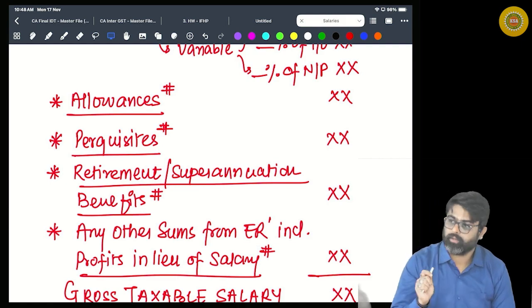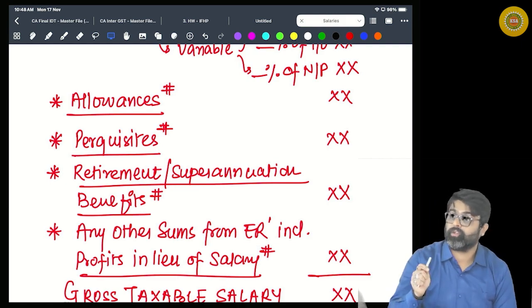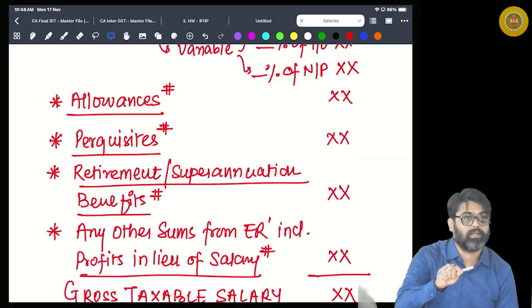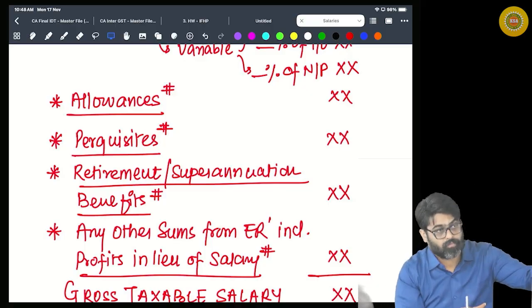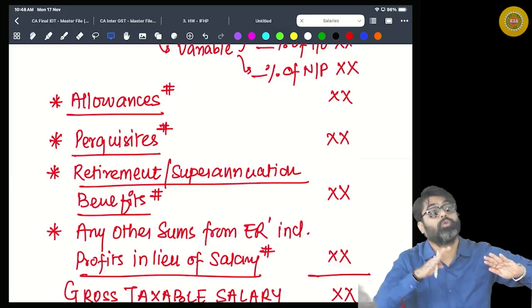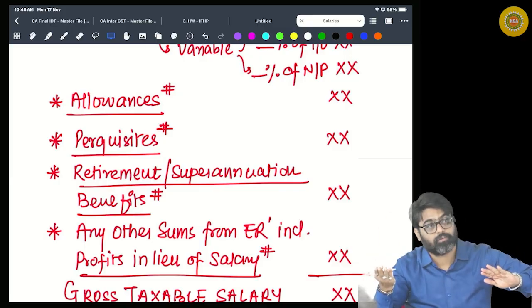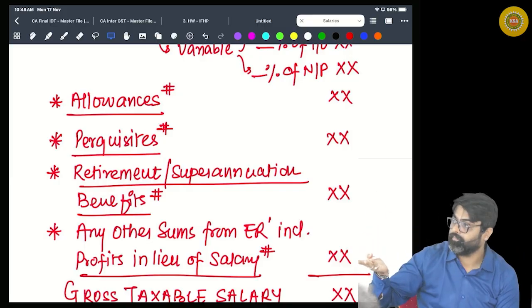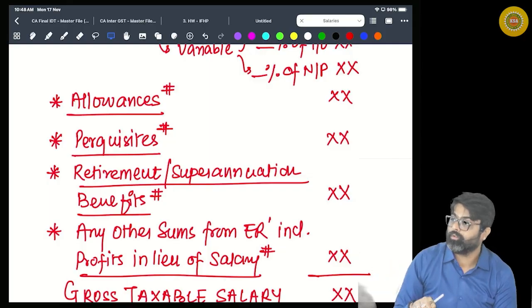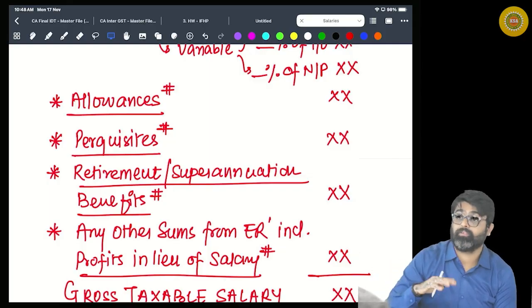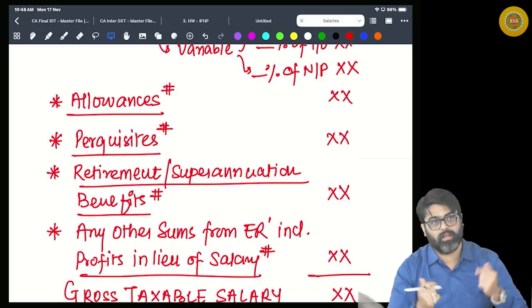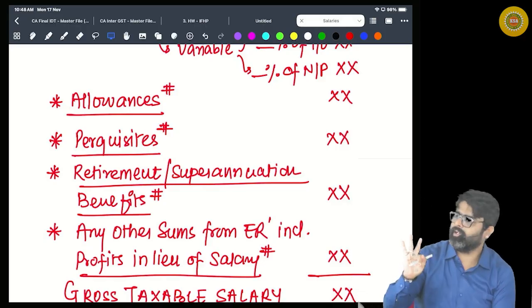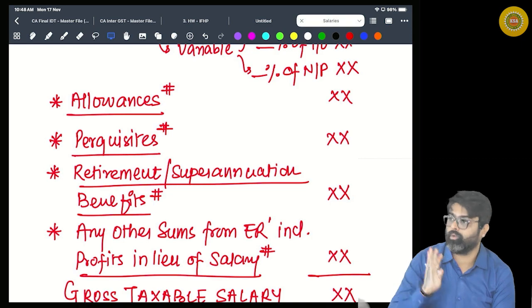So to meet the expenses of official nature incurred in the course of employment, or to meet your personal expenses, or it can be given as a compensation for extreme working conditions. So three reasons why the allowance will be given.